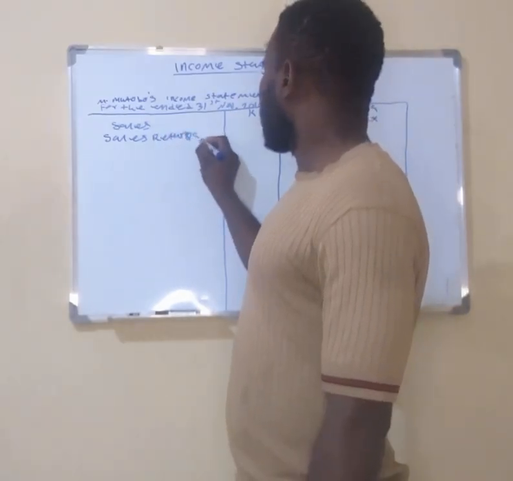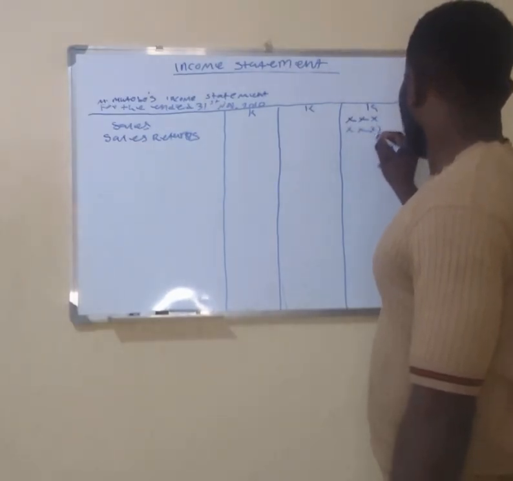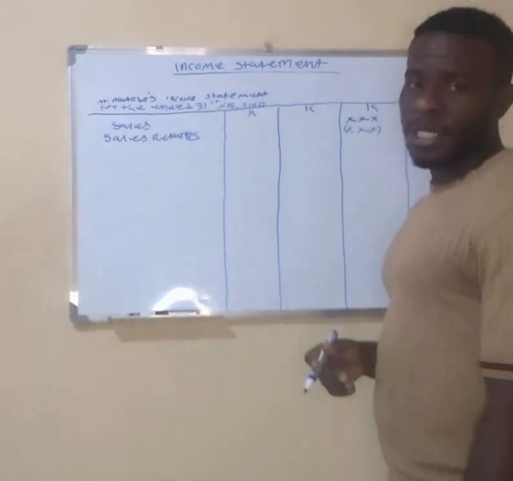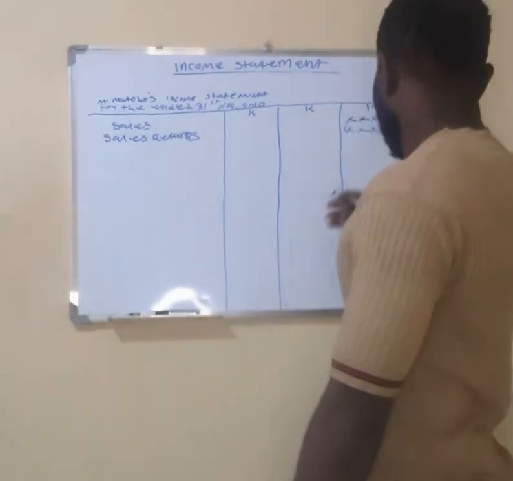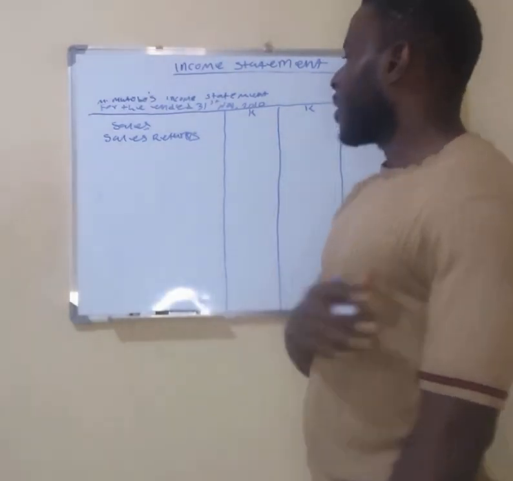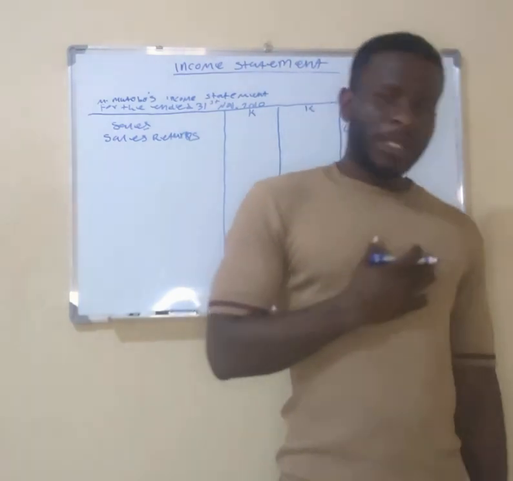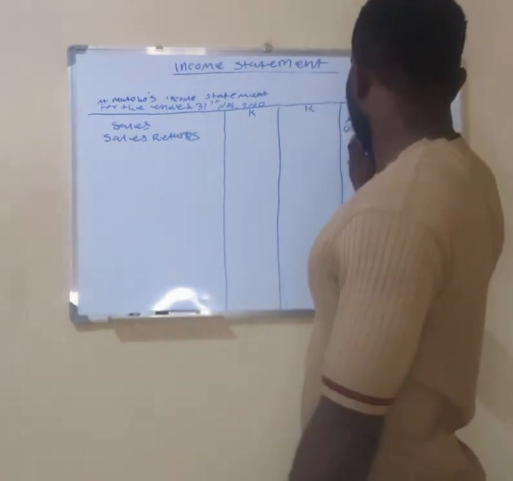You put it here, and you add brackets. Brackets indicate that you are subtracting.